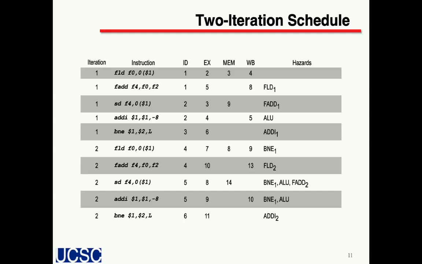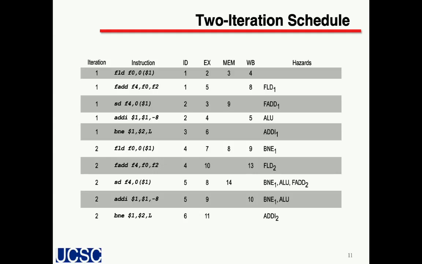If I was to try and draw this out, we have the FLD, the FAdd, and the store, we just say store double here. So these are kind of in a sequential loop here.